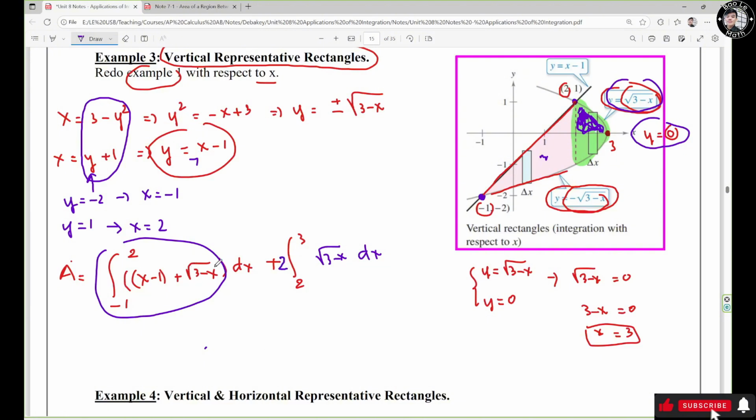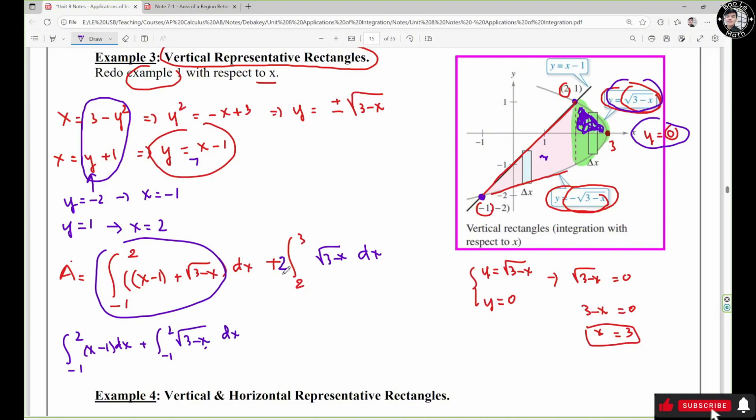I'm going to separate this one into 2 integrals, right? So it's going to be the integral from -1 to 2 of s minus 1 ds plus the integral from -1 to 2 of square root of 3 minus s ds, right?